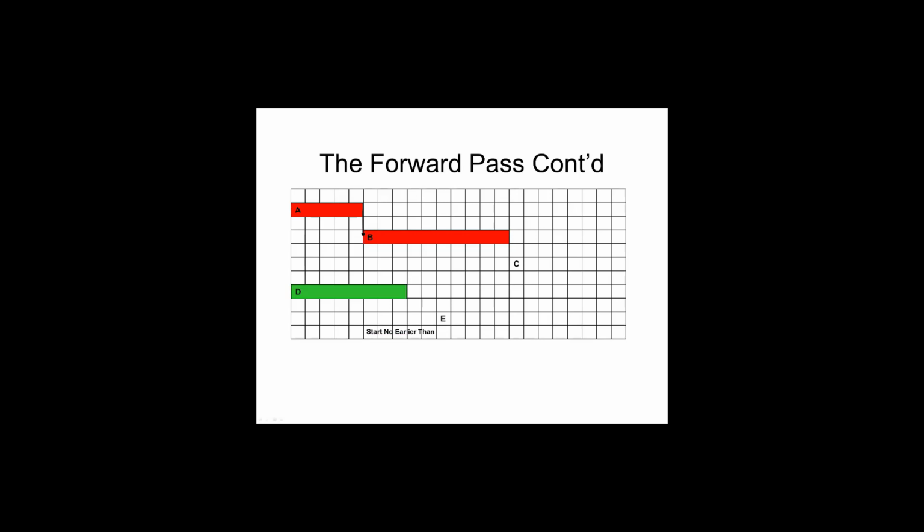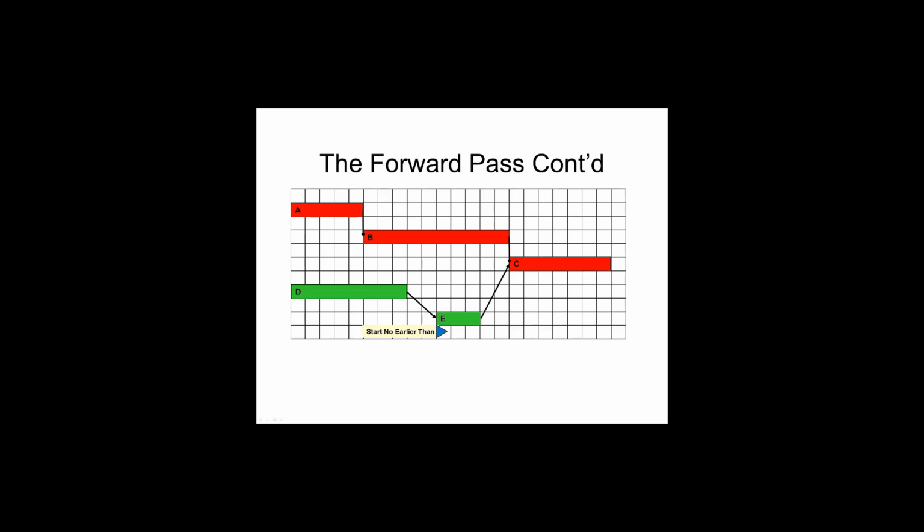Activity D, which also has no predecessors, slides all the way to the left. Let us assume there is a start not earlier than constraint on activity E. So activity E slides as far to the left as it can, but it will not reach its predecessor, activity D, because it is prevented from sliding further left by its not earlier than constraint.